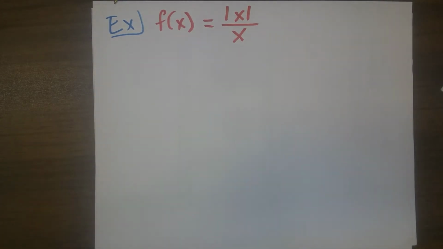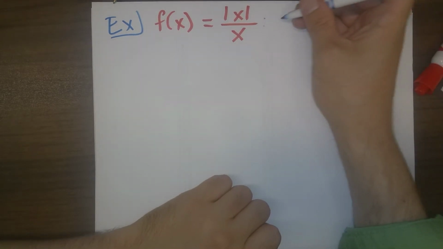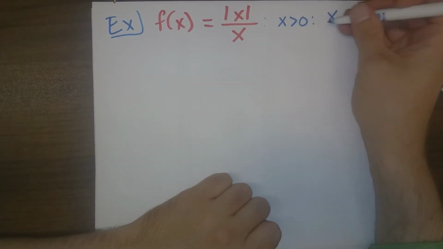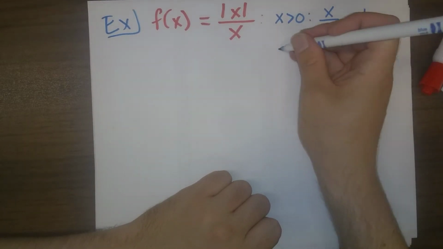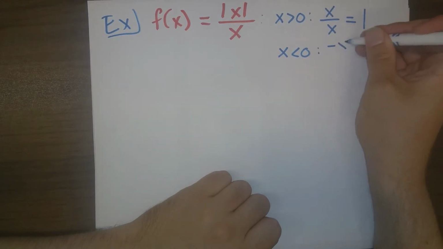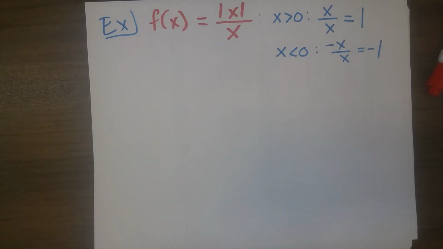Realize that this is defined for all values of x other than 0, because at 0 we get 0 over 0, and that's bad. If x is positive, the absolute value of x is x, so this reduces down to x over x, which is 1. If x is negative, the absolute value of x is negative x, and this reduces down to minus 1.